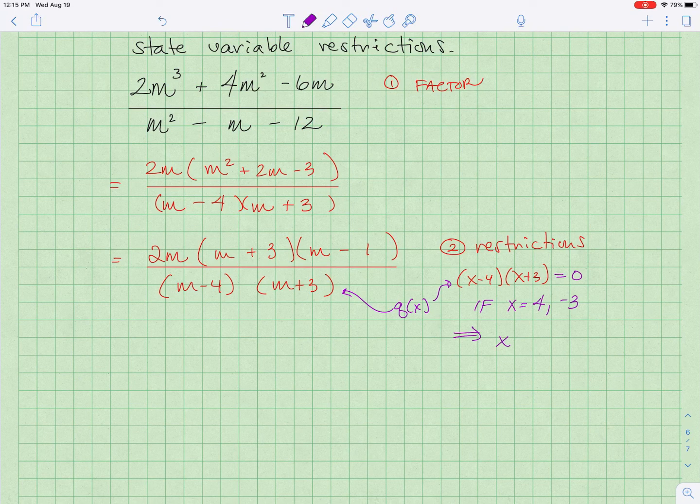So my restrictions are x is not 4 and negative 3. The next step would then be to cancel common factors. And it looks like I only have one common factor there.